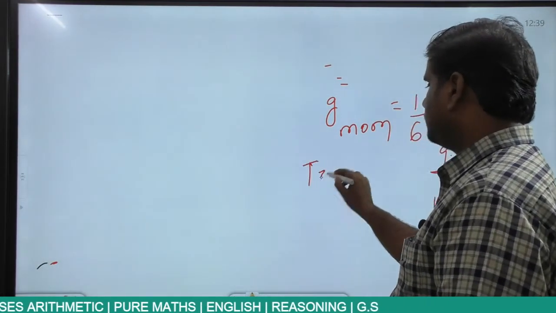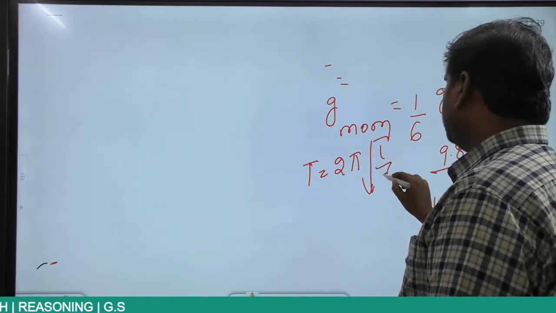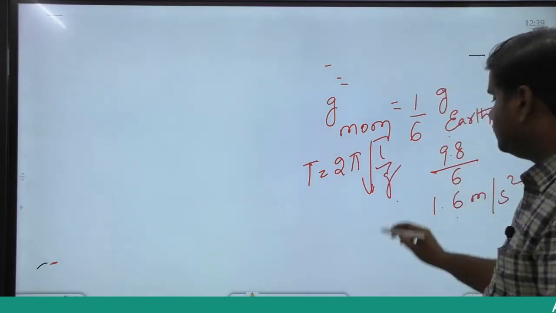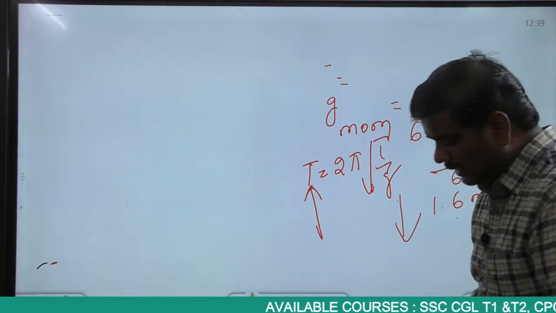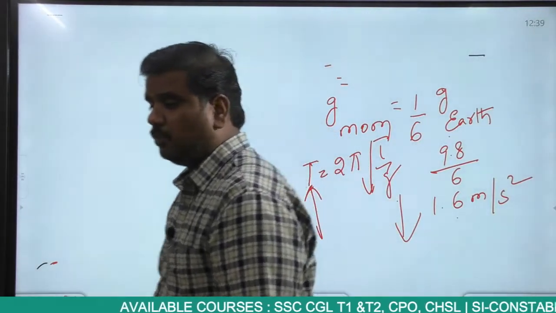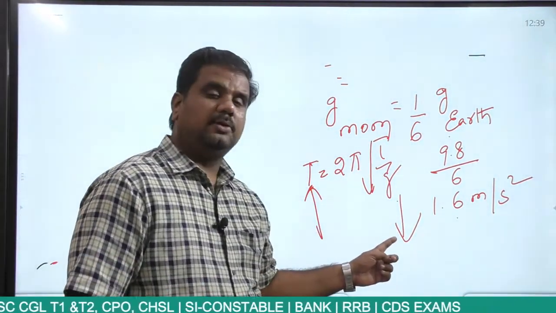So we know the basic equation. What is the basic equation? T equal to 2 pi under root L by g. If g value is decreasing, then time period value increases. So whenever a simple pendulum is placed on the surface of moon, time period increases because g value decreases.